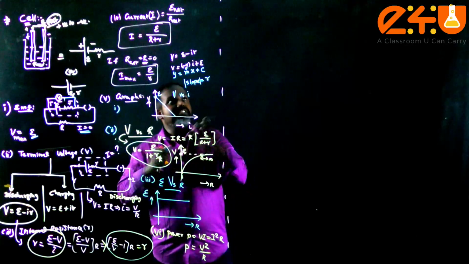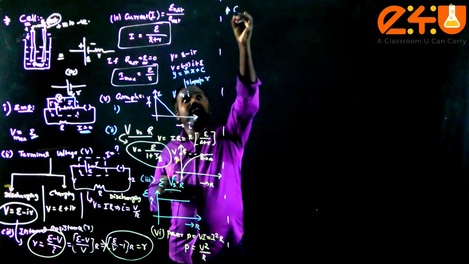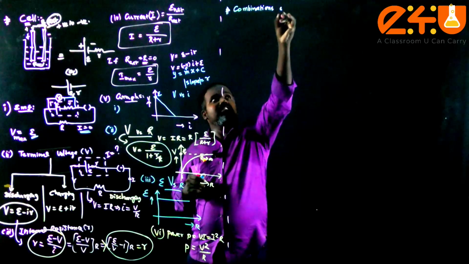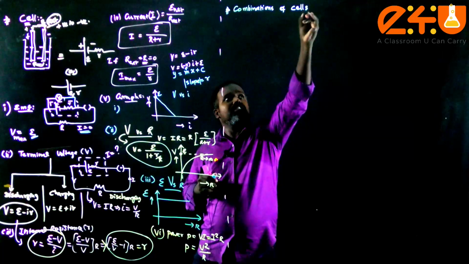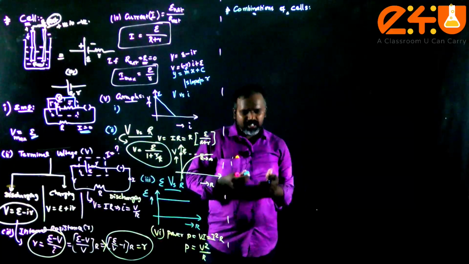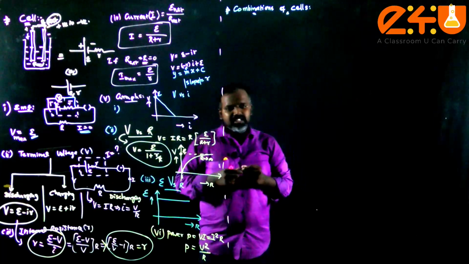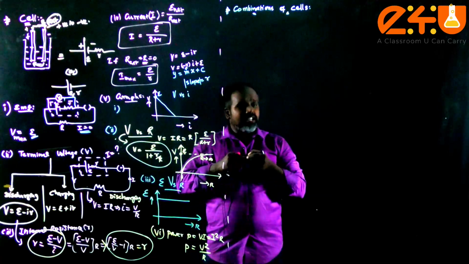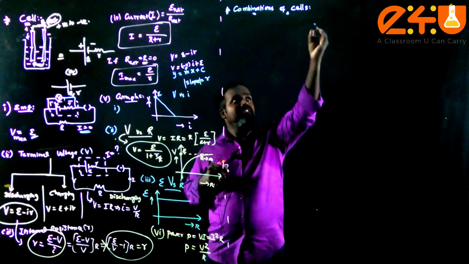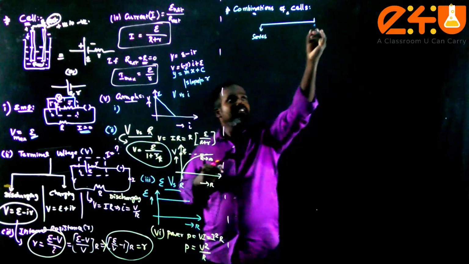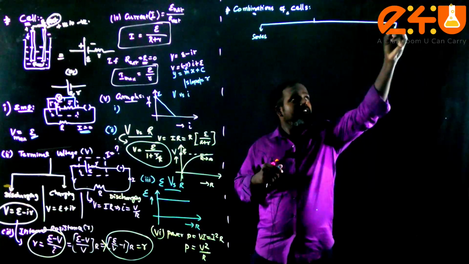Combination of cells. Since we have already discussed resistor combinations, this discussion is very easy to deal with. As we said earlier, I can go with series and parallel combinations. This is a series and that will be a parallel combination.